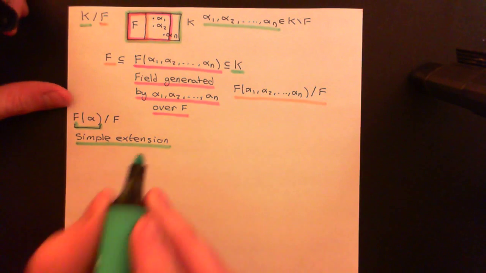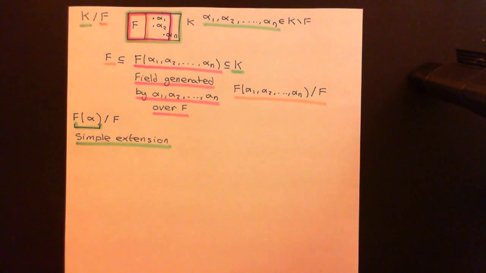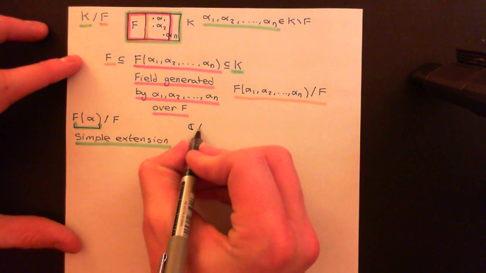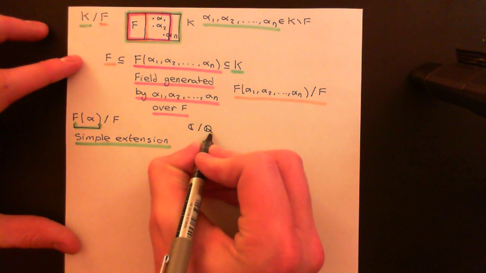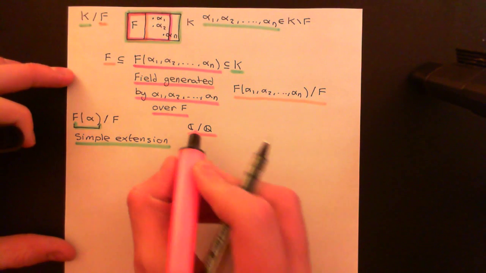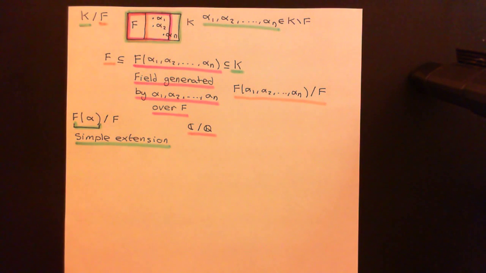Okay, so let me just give you an example of this. We know that the complex numbers is a field extension of the rational numbers. The rational numbers is a field and it's completely contained within the complex numbers. Of course, the complex numbers is a much bigger field than the rational numbers.